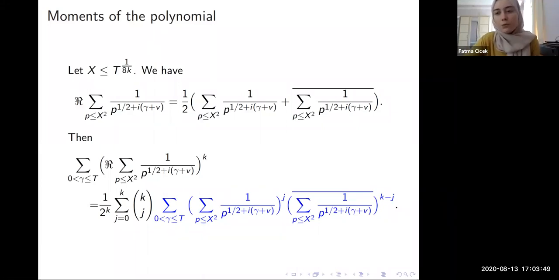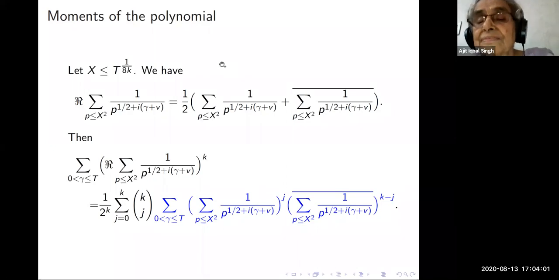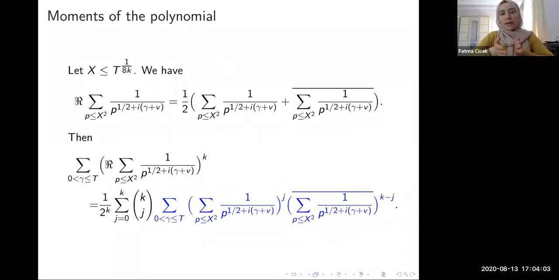That won't happen. Usually what you do is start with something like t to the 1 over 8k power, then you pick x to be smaller than that, and then you show that the gap in between them does not matter.